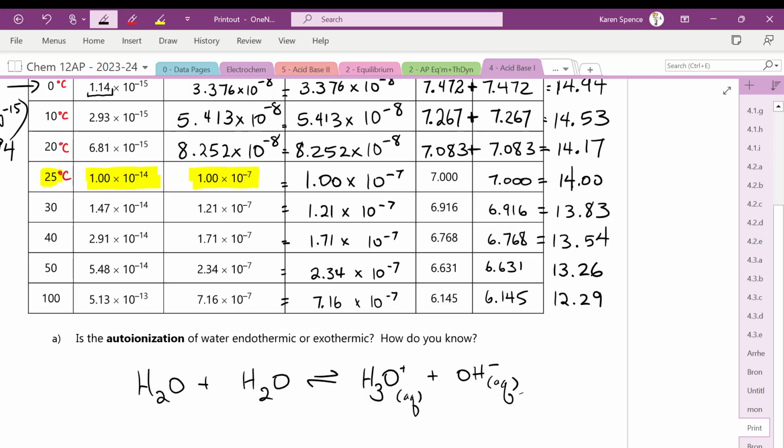So if KW is getting bigger, your product concentration is bigger, which means you're shifting to the right. Side so that it absorbs. So you can say it that way as well.